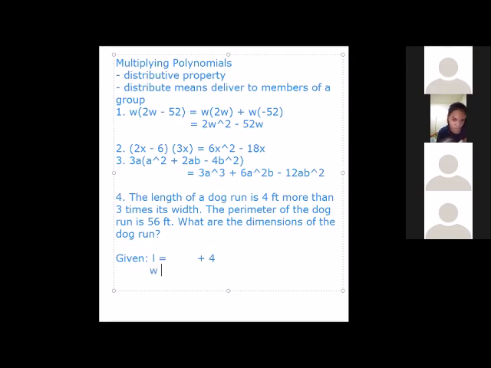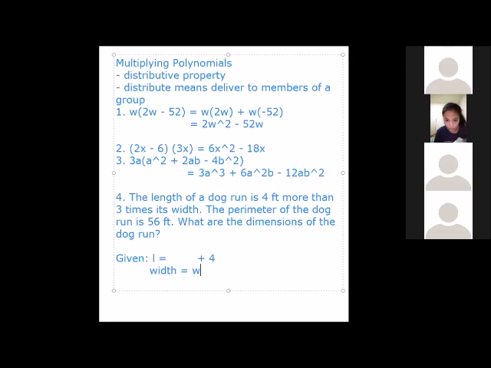No. So let us let our width be W. Okay? Width is W. Now, again, the length of a dog run is 4 feet more than 3 times its width.